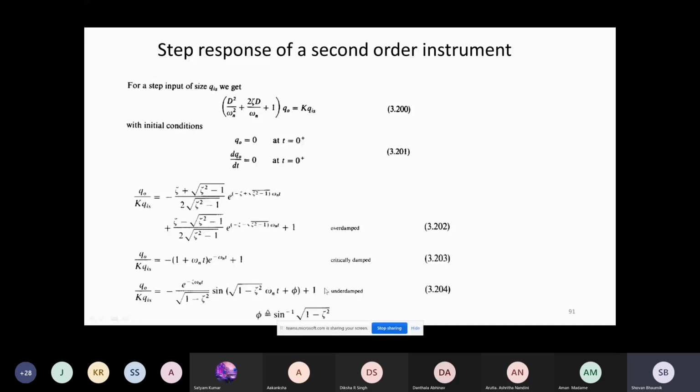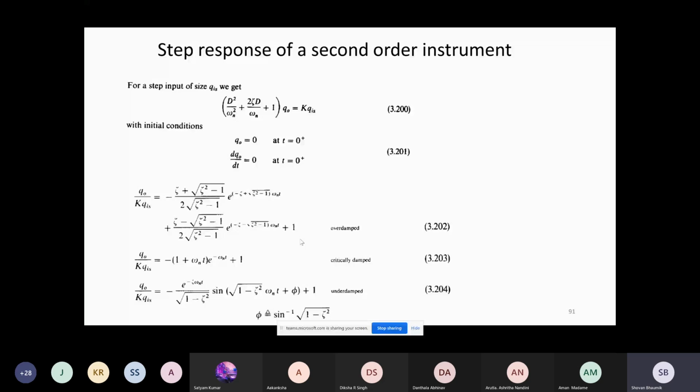If you see these three terms, more things you can realize: for the overdamped system there is no oscillation. Gradually it will rise slowly as t goes to infinity. Q0 by QIS will go to K, or Q0 equals K into QIS, the gain multiplied by the steady state of the input.